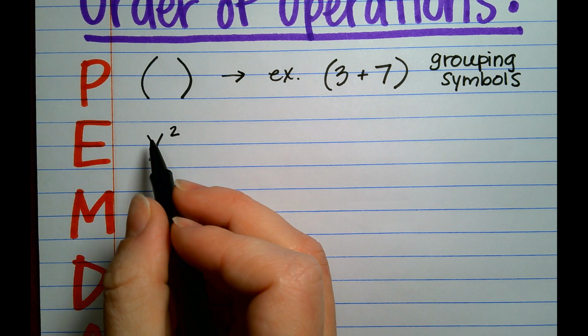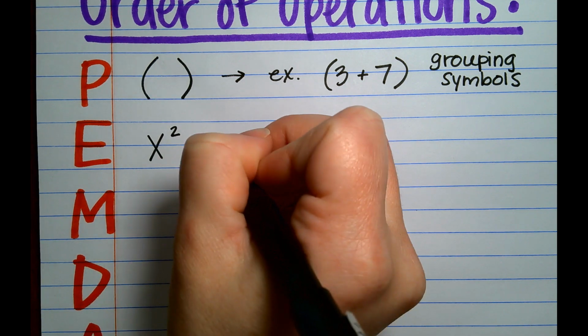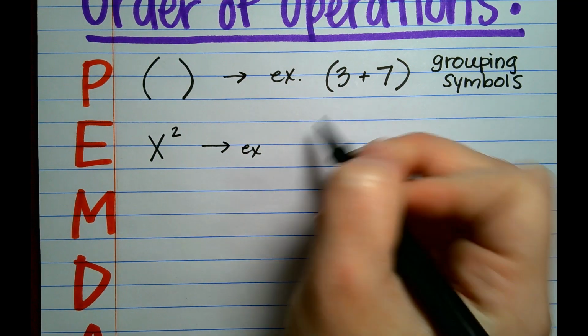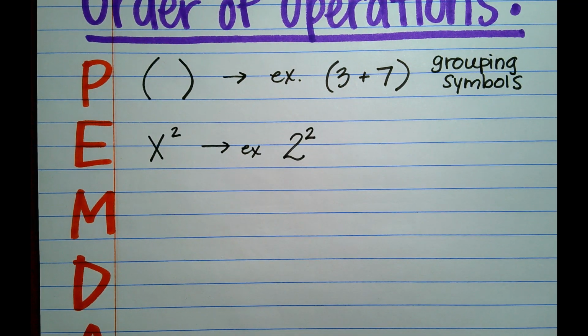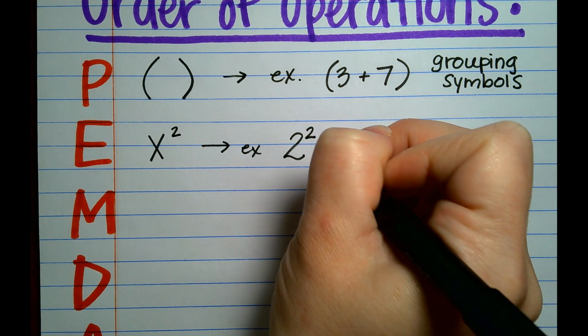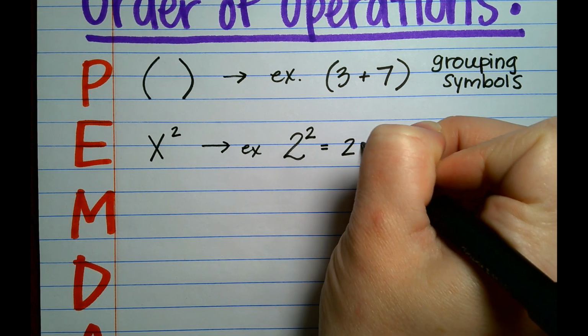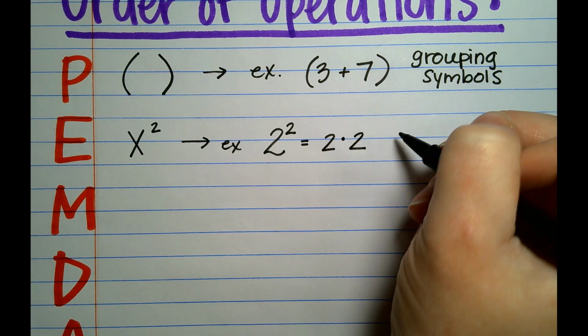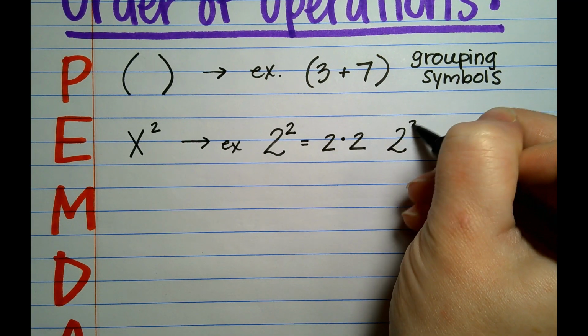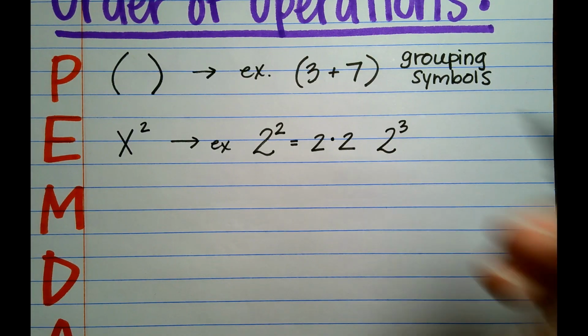For example, 2 to the second power, 2 squared means 2 times 2. 2 to the third power, what's the difference?